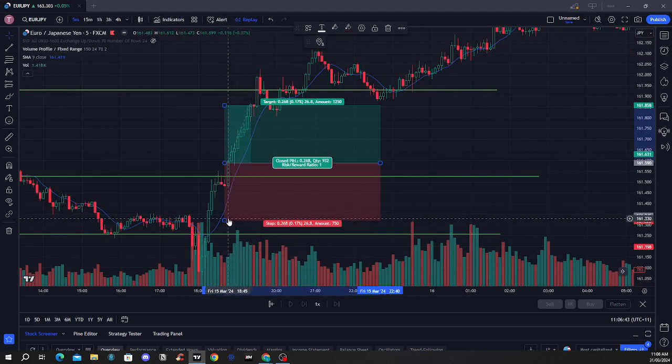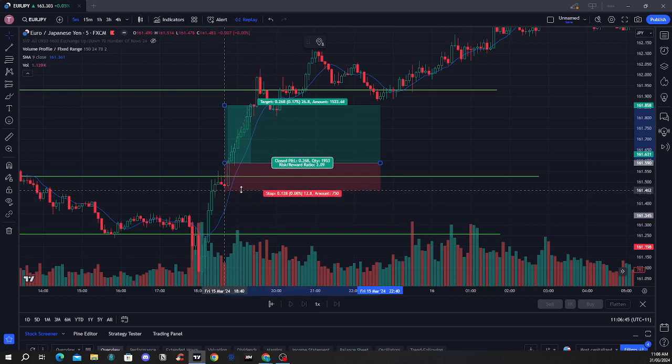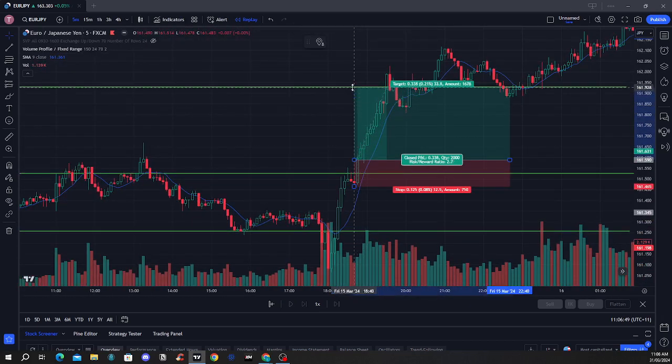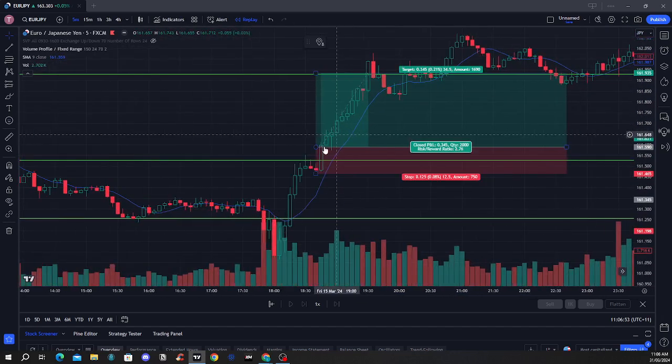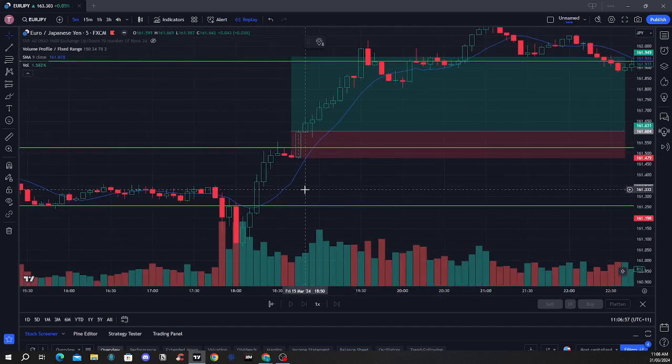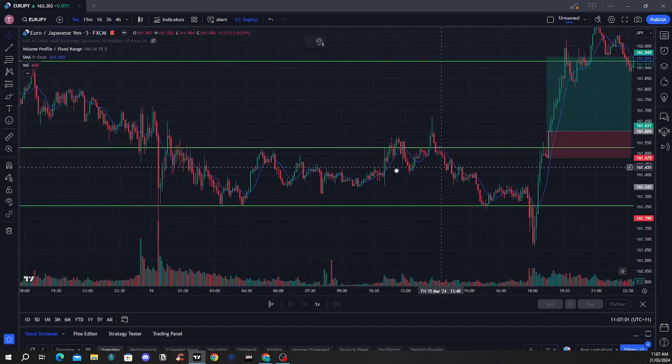In fact, what is very interesting about this particular movement is, if we do have the patience, this becomes an interesting trade.